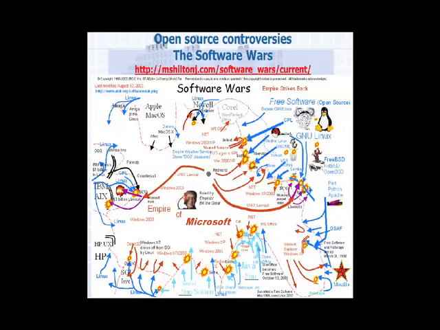I'm now introducing you to controversies and opportunities in open source technologies for higher education. What we have here is a graphic written by Andy Tai depicting the software wars going on. It's humoristic, it's a cartoon, but it's very representative of what is really going on in the software industry.